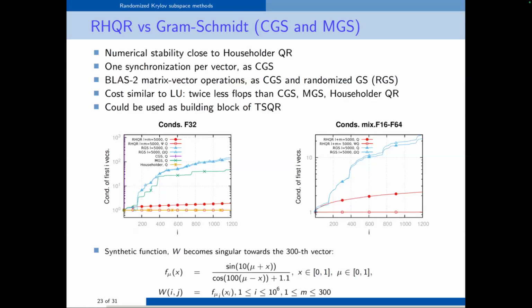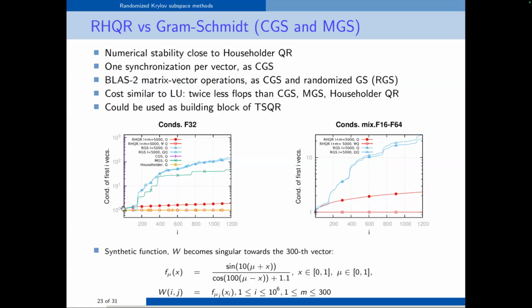And just to wrap up this part, I will show you a few results on the numerical accuracy we obtained for these operations, presenting in two graphs the results if we use only 32 bits, and then the results if we mix 16 bits with 64 bits. So 64 bits whenever we have a small problem and we solve it accurately. We build a matrix such that when we arrive around the 300th vector, this matrix becomes singular.